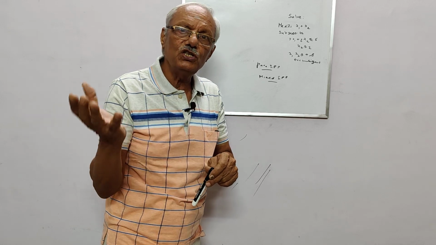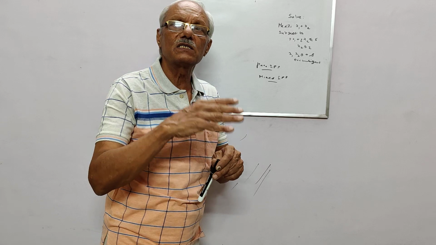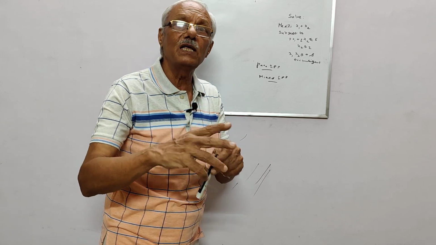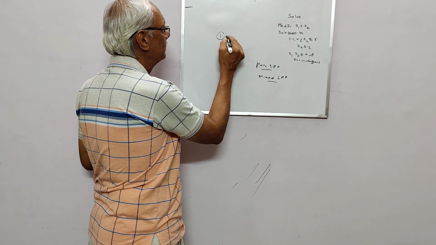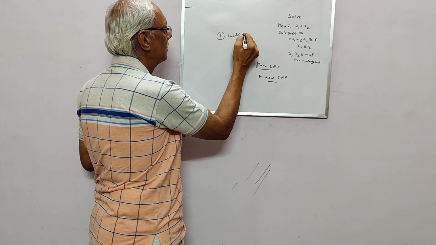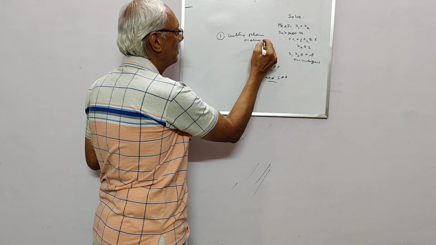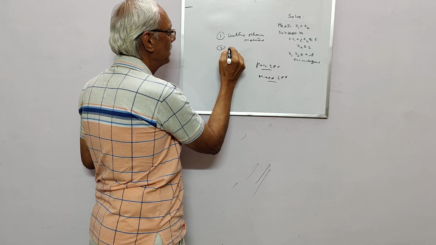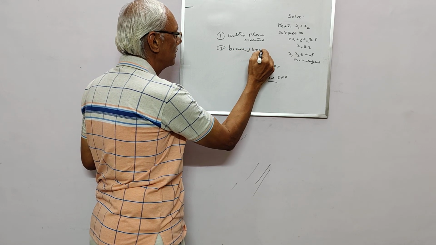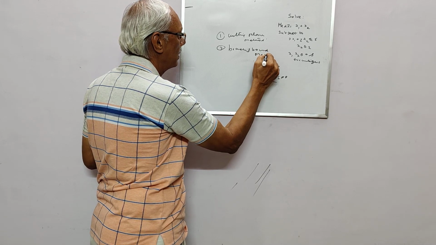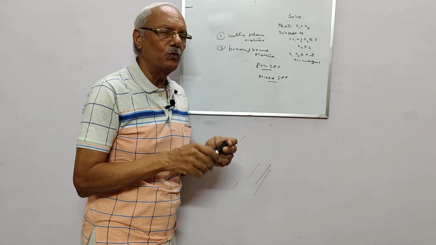There are two methods for changing the rational values to integers. One is called cutting plane method, and another one is called the branch and bound method.